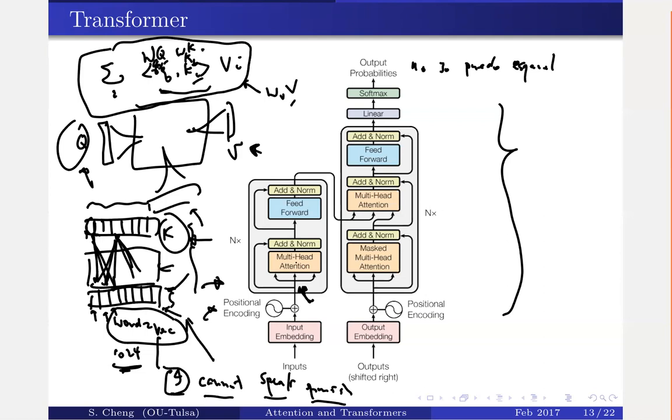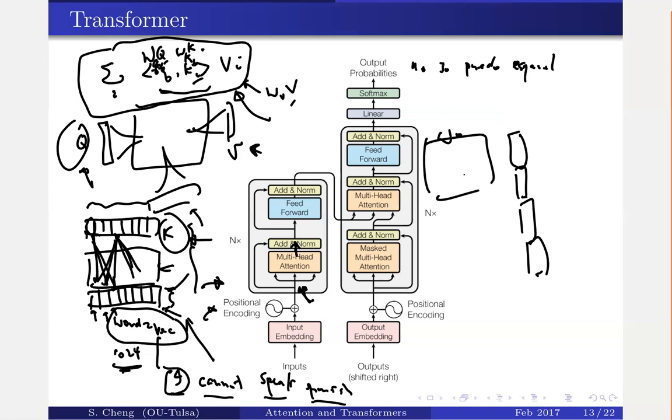Multi-head means I can have more than one of this attention component. Each of them we call an attention head, and we can have multiple heads. Let's say if I have two or three heads, eventually we will concatenate the outputs together, and then multiply by another matrix, say WO.